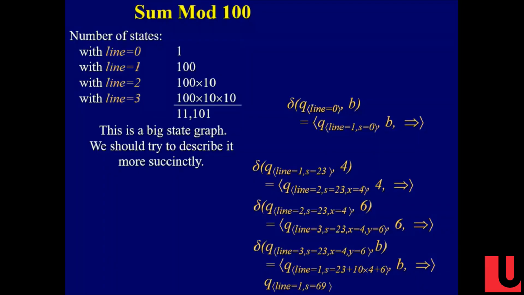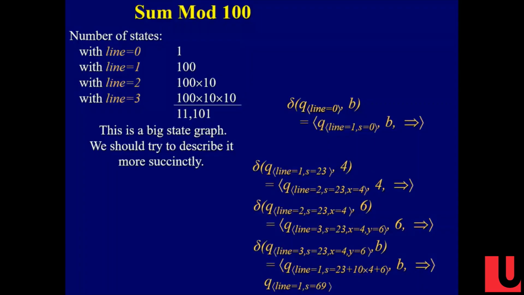Where does the 100 come from for line 1? Which states have line 1 in them? It's all values of S. How many values of S can I have? S is between 0 and 99, so there are 100 values of S. So there are 100 of these lines. Why is line 2 1000?